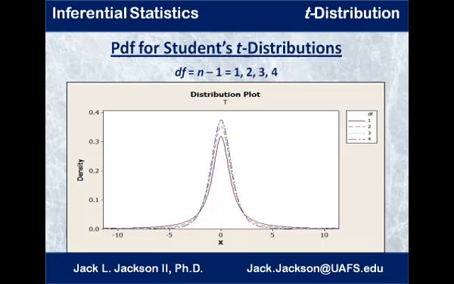Because this is so close, many people will actually use a standard normal instead of a t-distribution if the sample size gets large, if it's above 30, or especially if it's really big, like above 50 or something. So, for many authors, when you look at elementary textbooks on statistics, they will talk about a large sample size method versus a small sample size method.